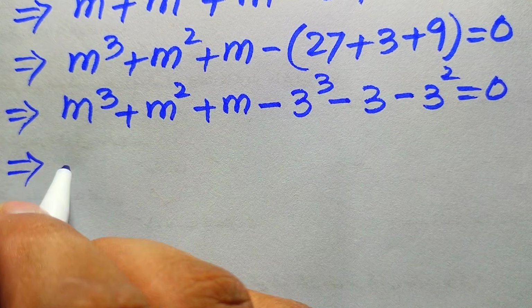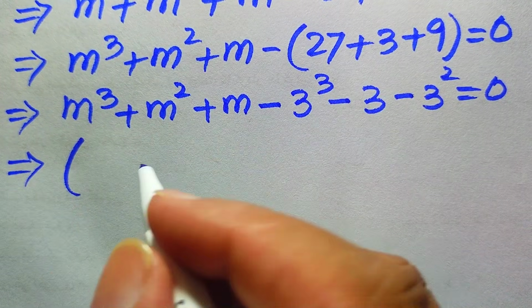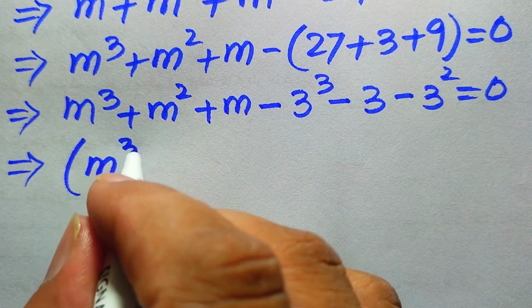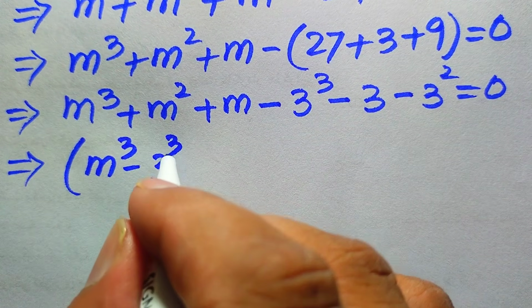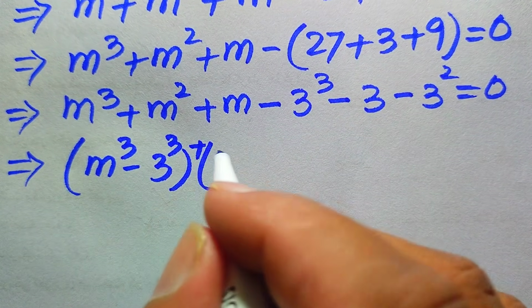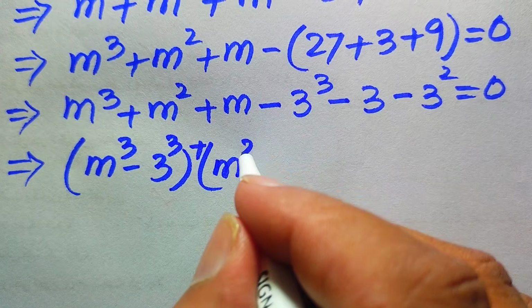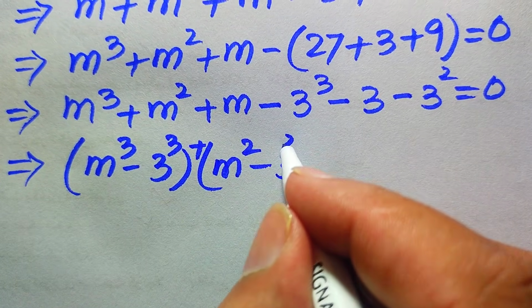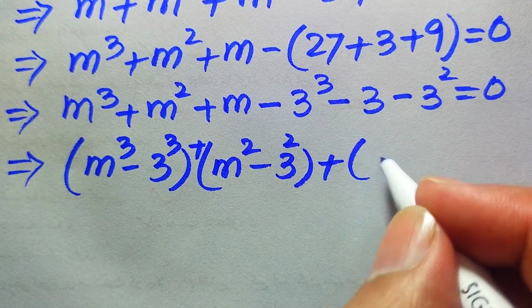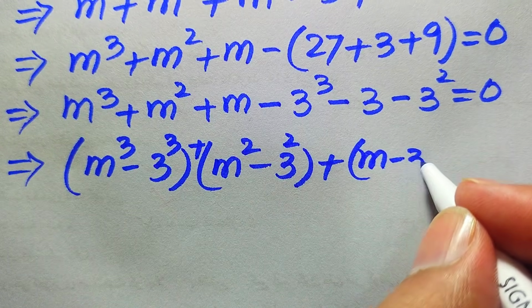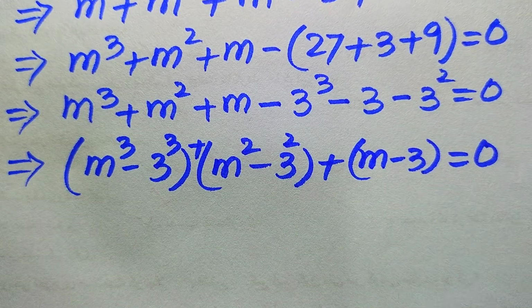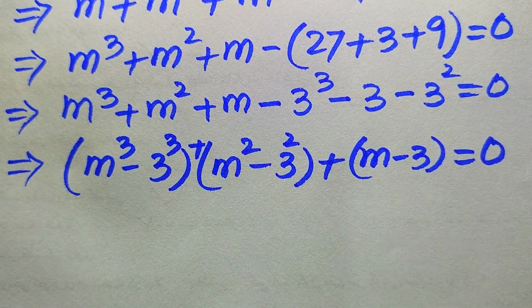In the next step we make a pair of cubic term with cubic term and square term with square term, and we get m cubed minus 3 cubed, plus the square terms m squared minus 3 squared, and the terms of power 1 are m minus 3, and this whole equation is equal to 0.